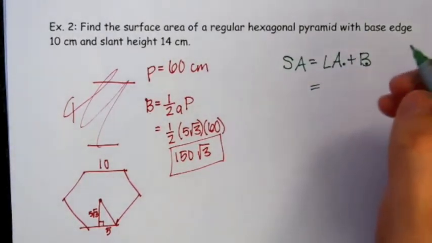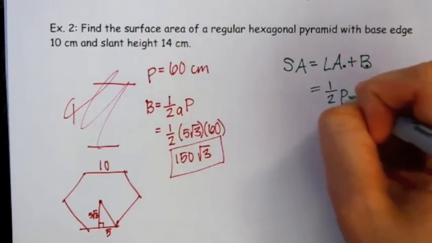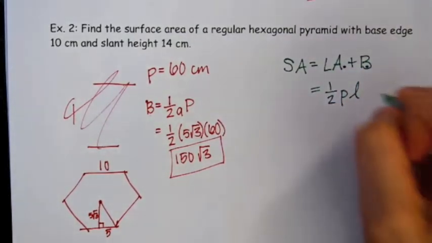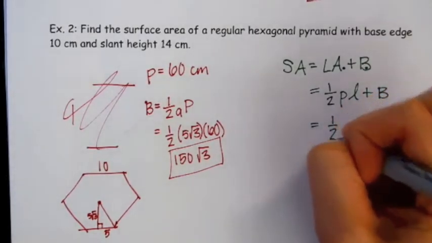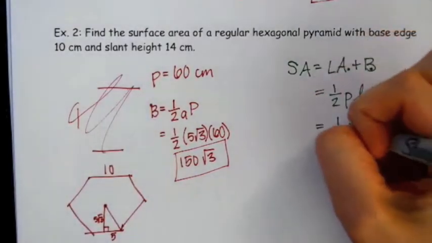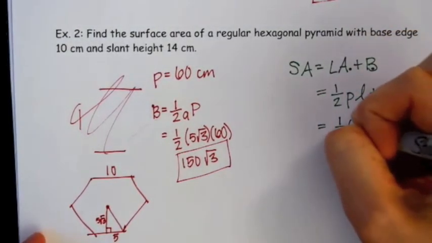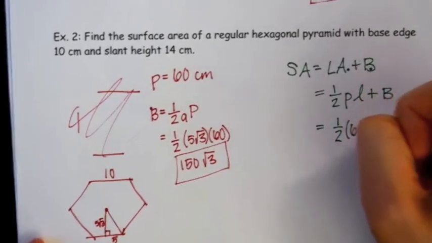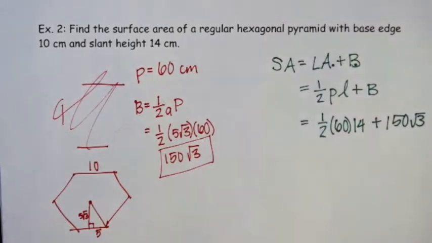My lateral area is 1/2 the perimeter of the base times the slant height. So 1/2. They gave me the slant height, which was 14. And I know my perimeter is 60. Plus the area of my base, that's 150 square roots of 3.